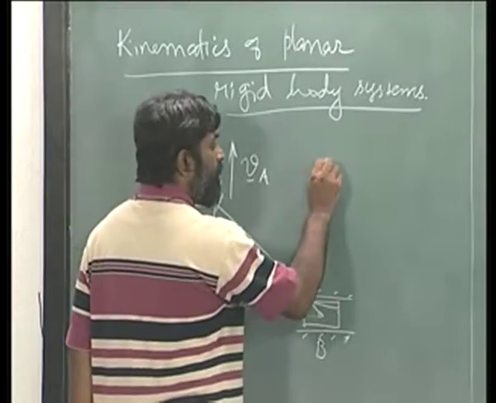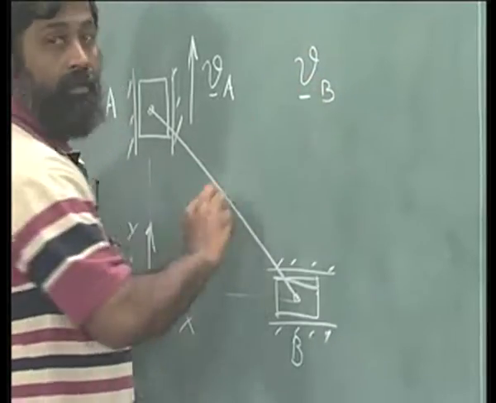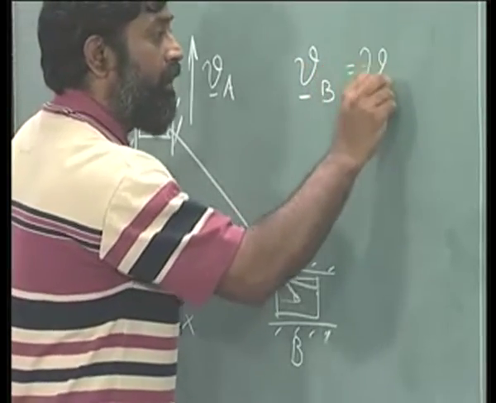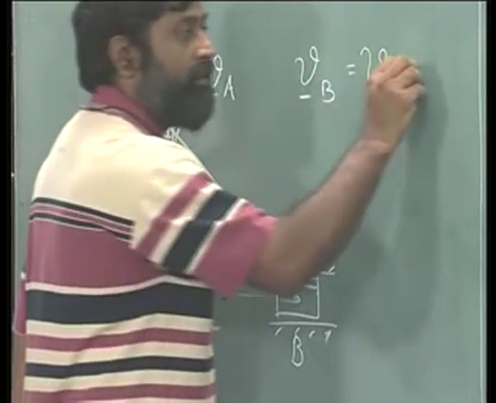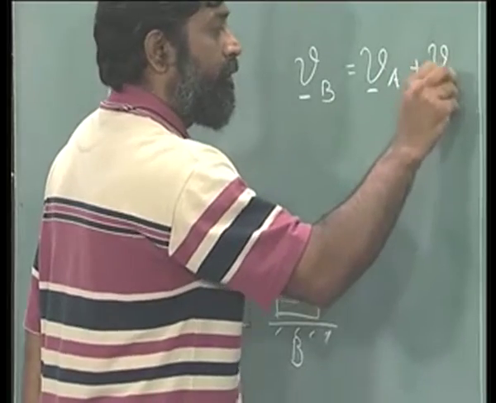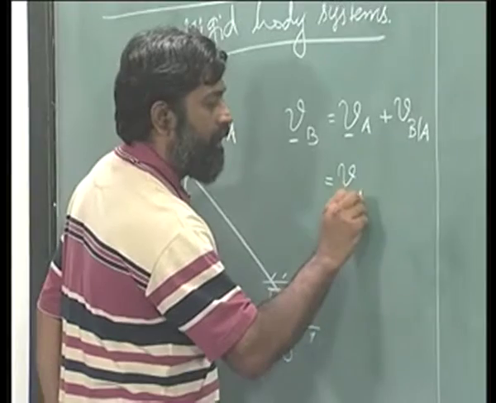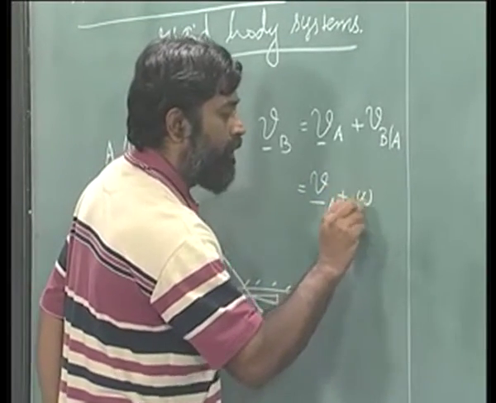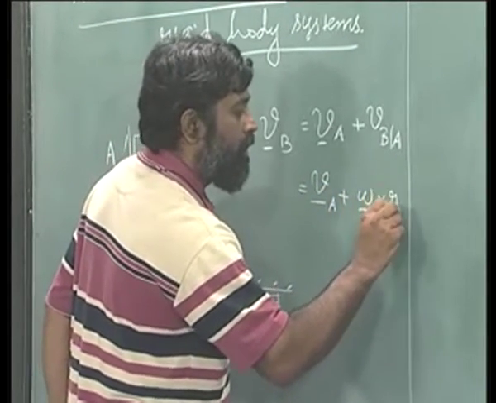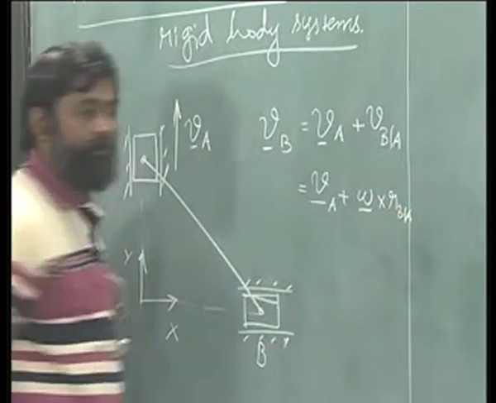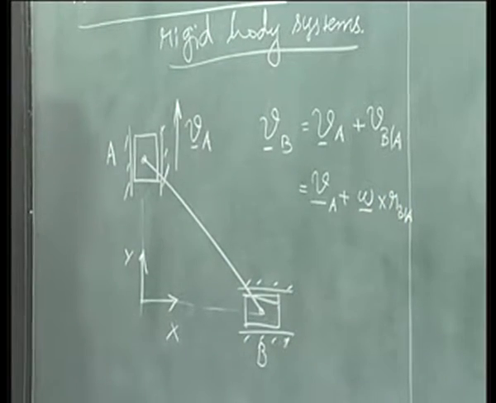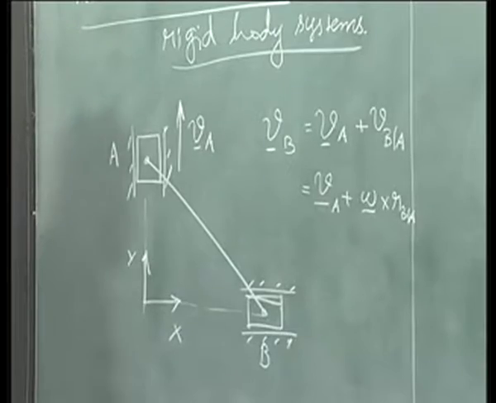Now, let us say we use this and write down the velocity of B. How does it appear? Velocity of B is equal to velocity of A plus velocity of B with respect to A. Another way of writing is velocity of A plus omega cross r of B with respect to A. Either way is fine. What is known here?